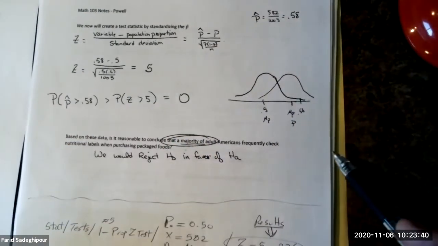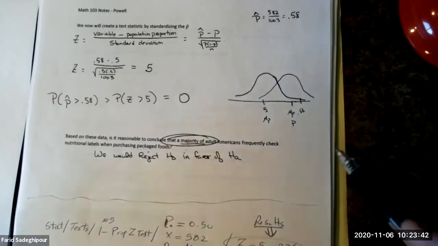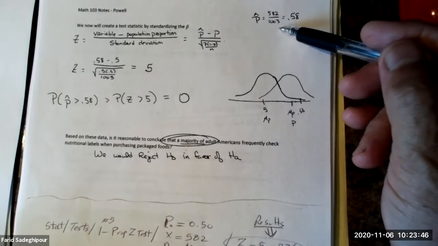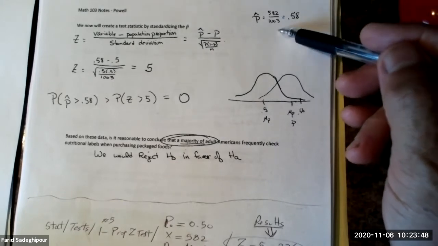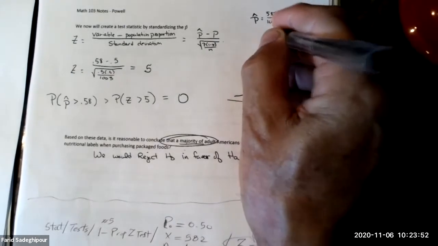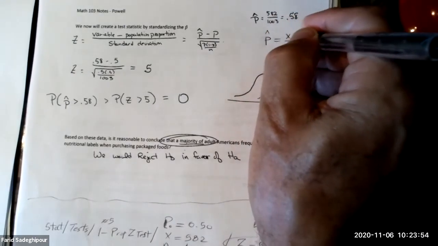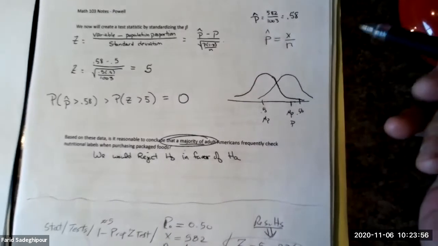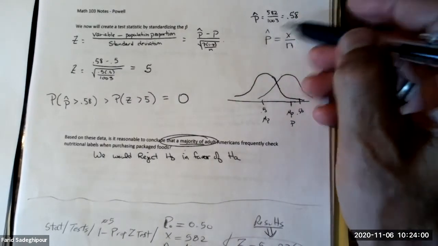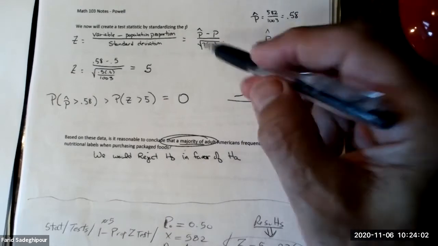So when we take a sample, our sample was 58%: 582 out of 1,003. So p hat is x over n, 582 out of 1,003. That helps us to find p hat.